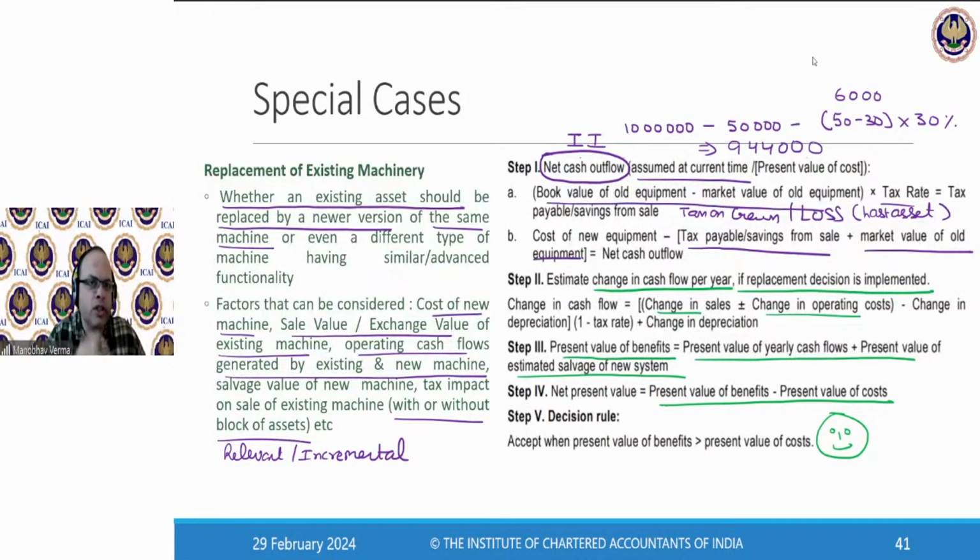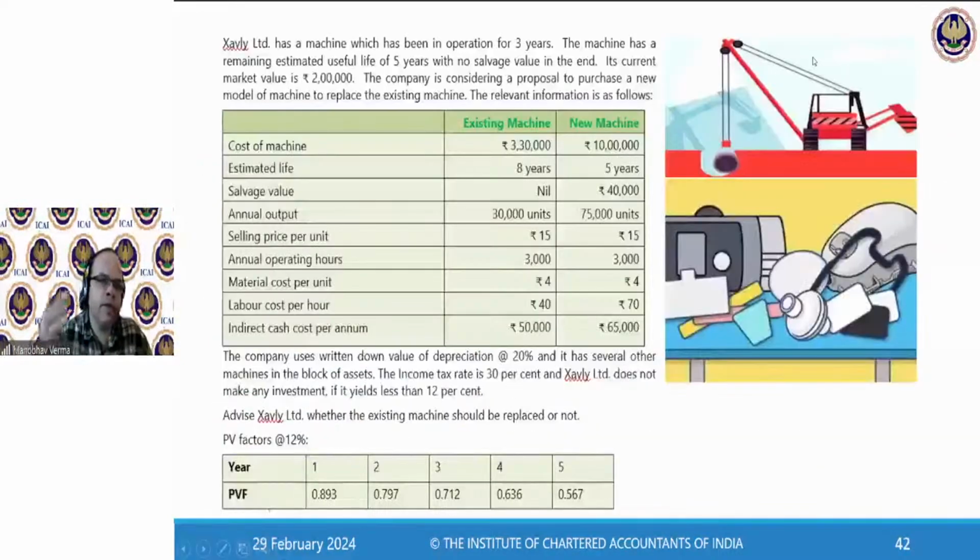So here we will talk about a very important question, which will be pretty interesting for everyone. And following that is another question which will be for your practice or your homework, right? So let's divert our focus to the first question here, for the replacement of machinery.